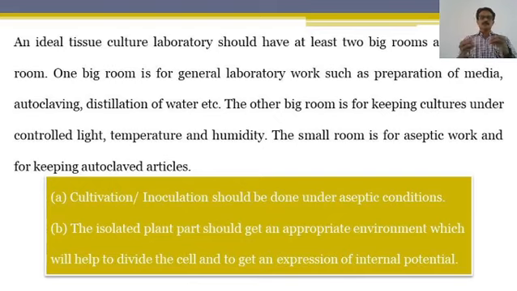So you have to grow those isolated cells, your explant, on a specific medium so that you can get a proper response.